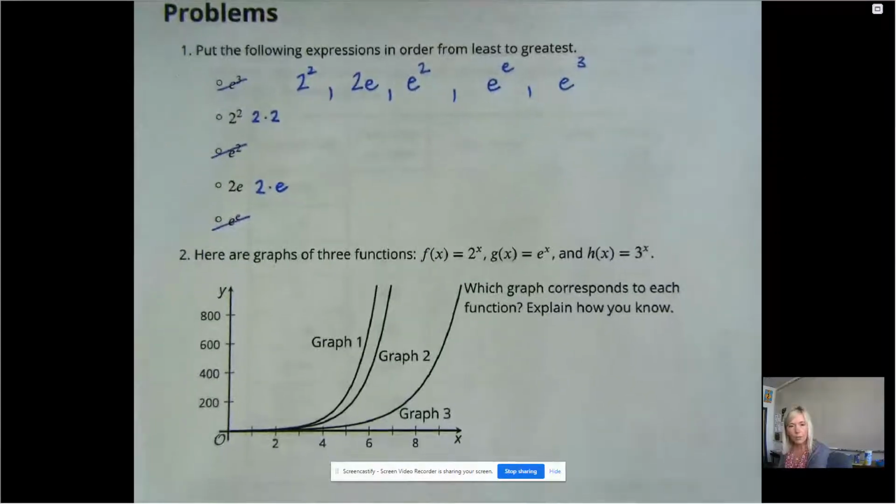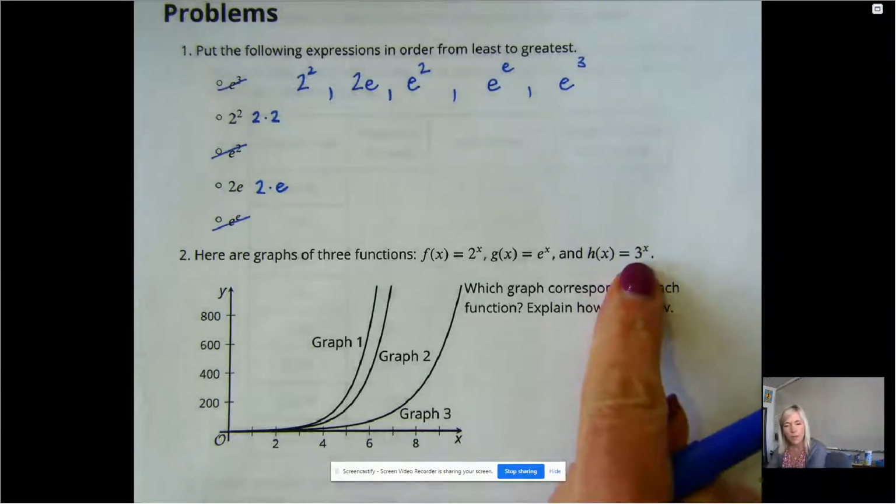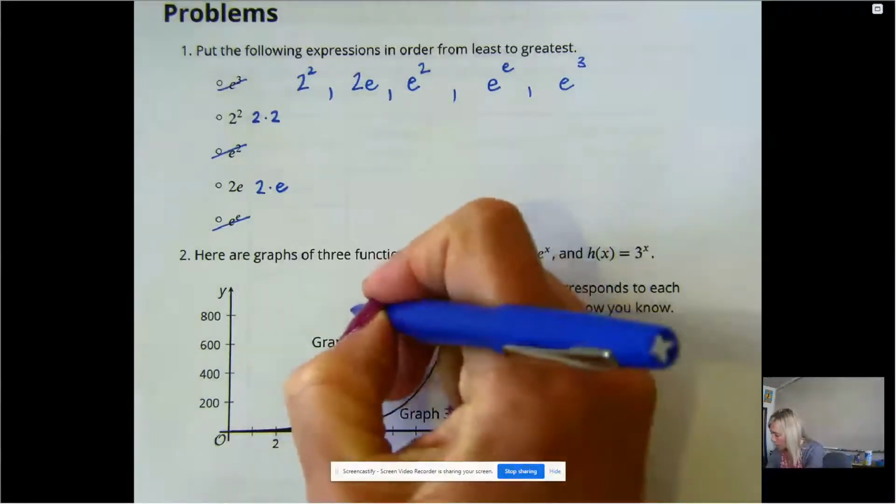On number 2, we have graphs of 3 functions, and I know in an exponential function that its graph is going to grow more quickly the larger the base of the exponent. So those all have the same exponent of x. f of x is 2 to the x, g of x is e to the x, and h of x is 3 to the x. So what I can tell is that 3 to the x has the largest base, and so it's going to grow the quickest.